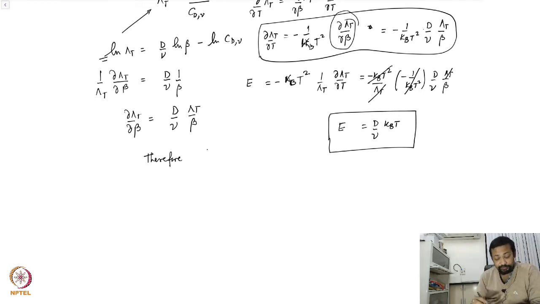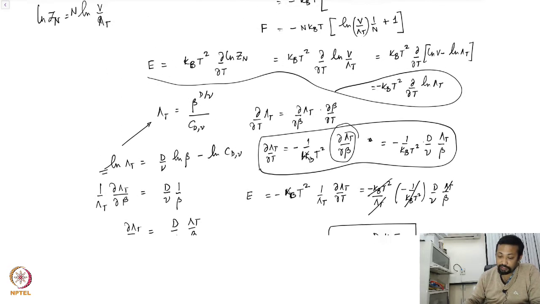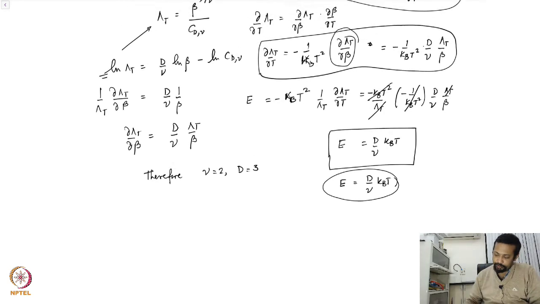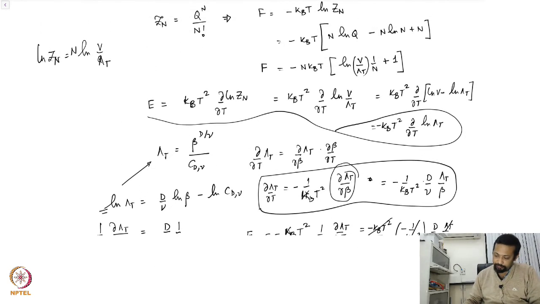Therefore, for a non-relativistic gas, when nu is equal to 2 in 3 dimensions, d is equal to 3, you see E is equal to d over nu. I'm sorry, there has to be an n which I have missed somewhere. d over nu n kBT. But you see, there is a problem over here, and the problem rests in this part.